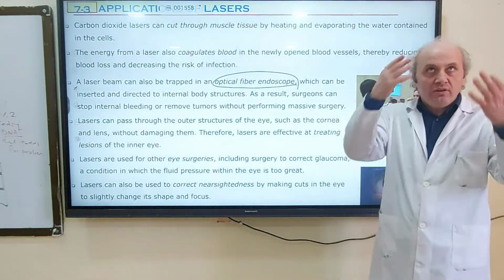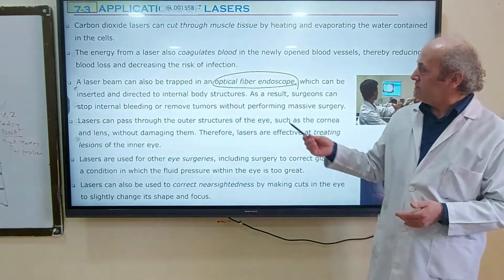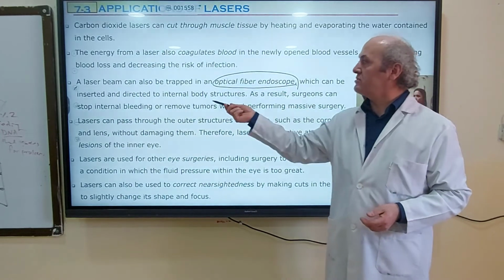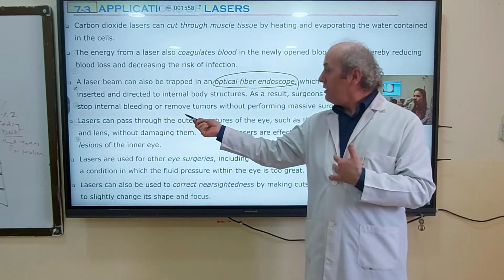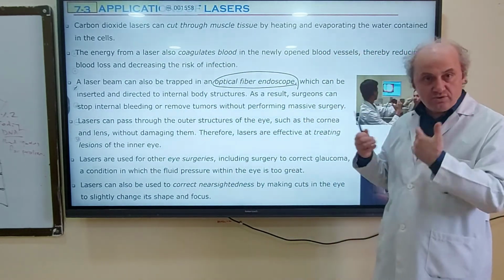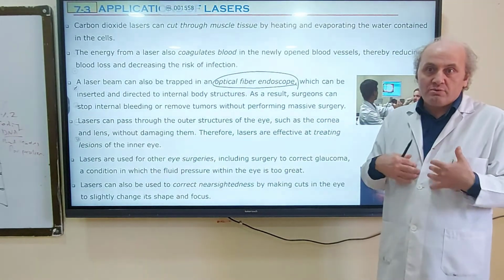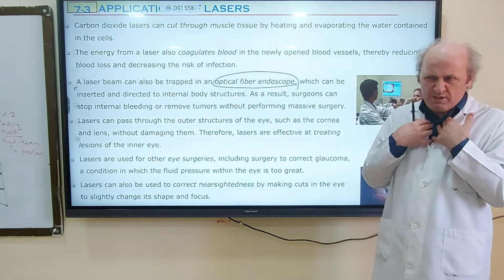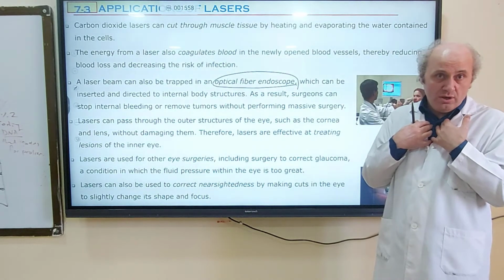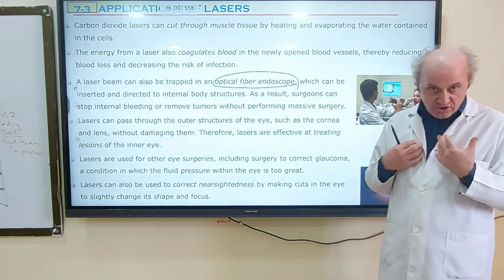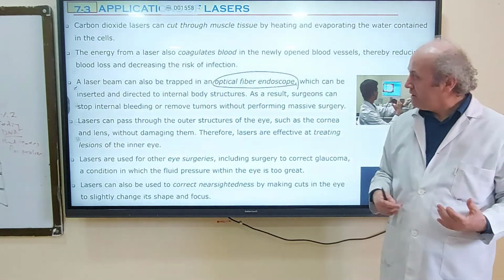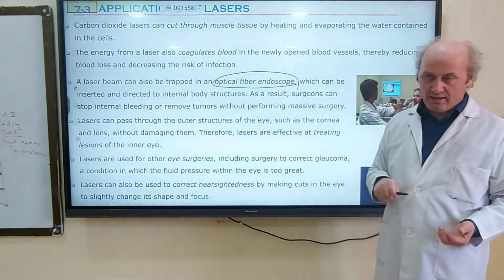It's like a TV. As a result, surgeons can stop internal bleeding or remove tumors without performing massive surgery. They can even fix the problems, or understand what the problem is. Especially for the stomach, they use it so much. Without cutting, we can watch the problem, which is the optical fiber endoscope.